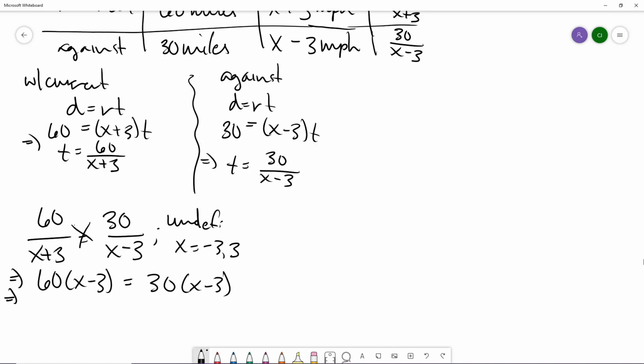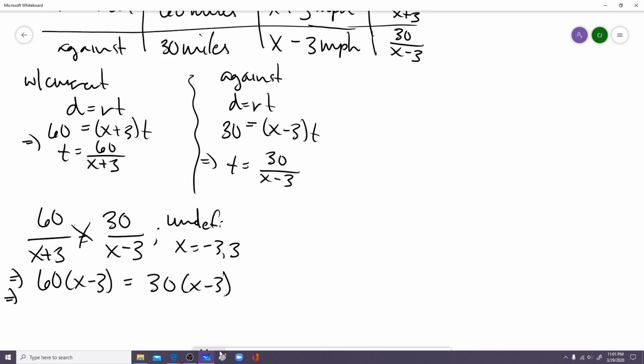Right? So now let's continue solving. Let's distribute. 60 times X is 60X. 60 times negative 3. Actually, now that I'm solving this, instead of distributing these big numbers, I noticed 60 and 30 are multiples of each other. So to make our lives a little easier, I am going to divide both sides by 30.